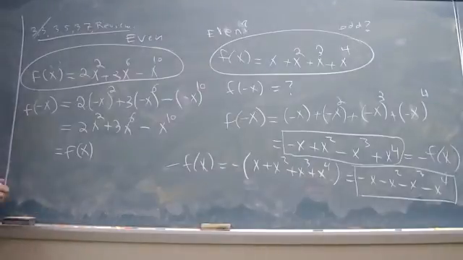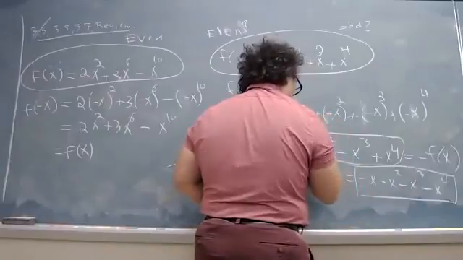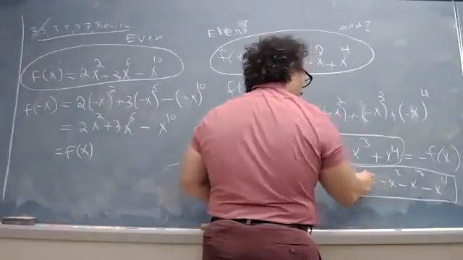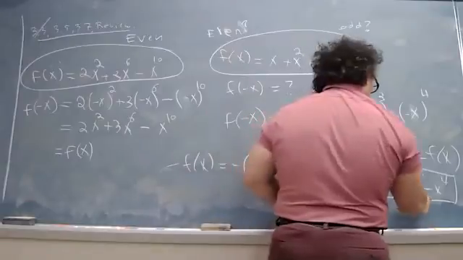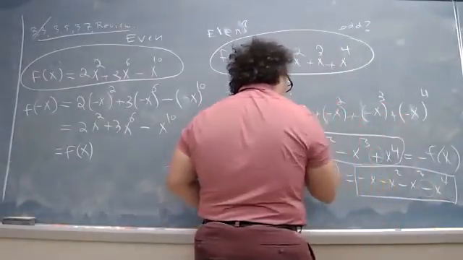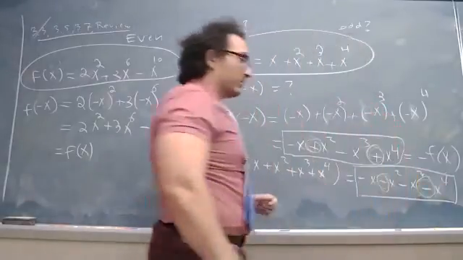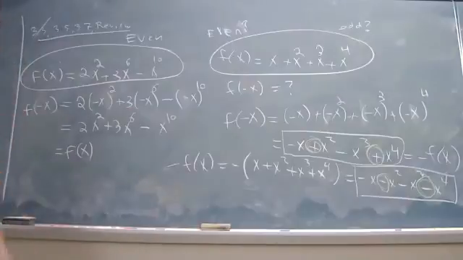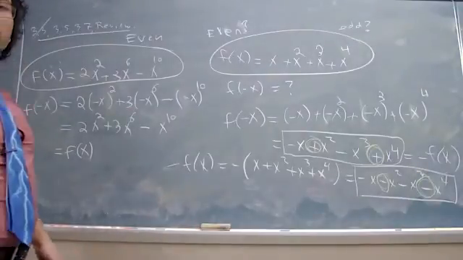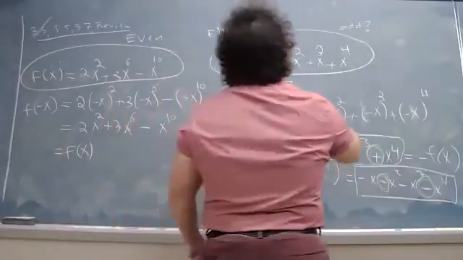Why are they not the same? Well, there's a plus here. There's a minus here. There's a plus here. And there's a minus here. They're not the same. So actually, this one is neither.